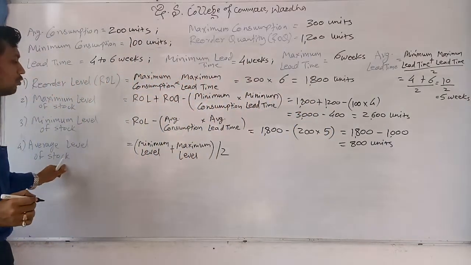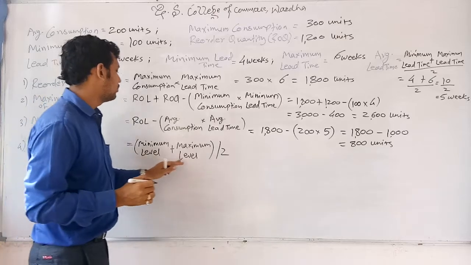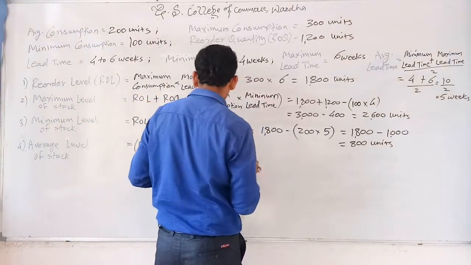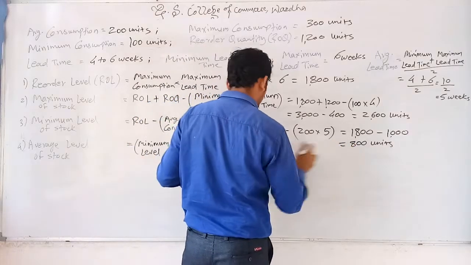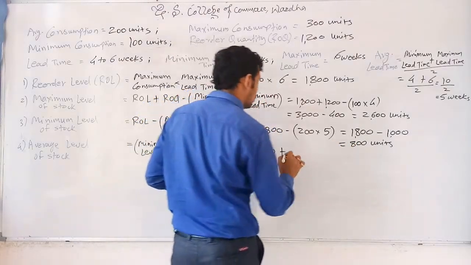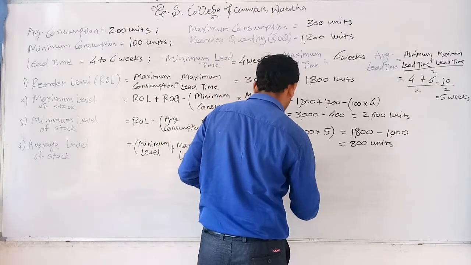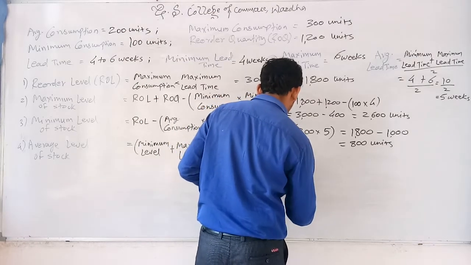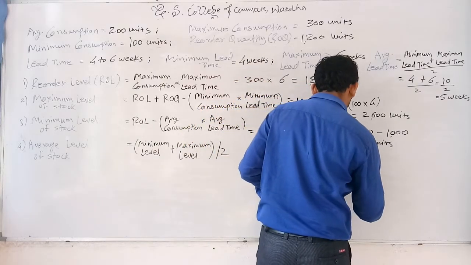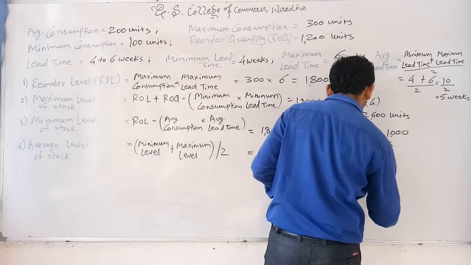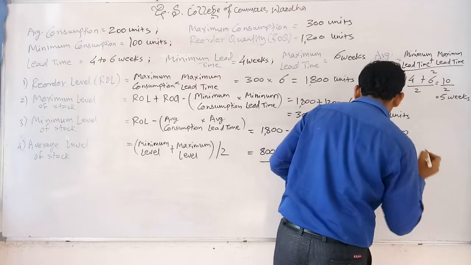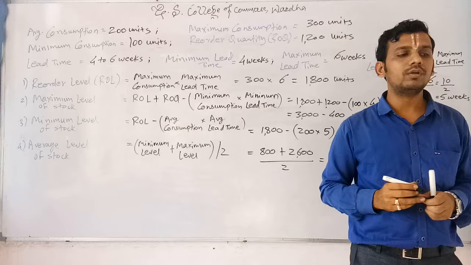Lastly, average level of stock: minimum level plus maximum level divided by 2. The minimum level of stock we have found is 800 units plus maximum level of stock was 2600 units divided by 2, that is 3400 divided by 2 equals 1700 units.